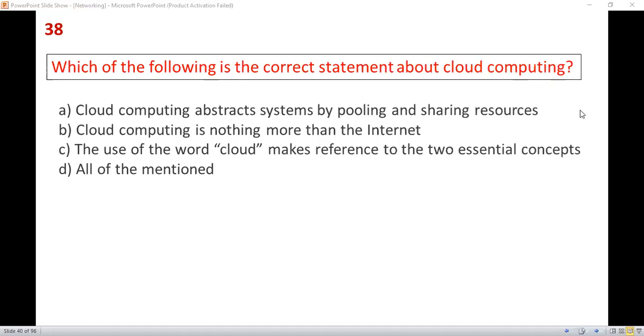And if you are using pooling, then you can use virtual space offered by the host, which also moves to the physical host by the service provider. So pooling and sharing is the correct statement for abstracting the system in cloud computing.